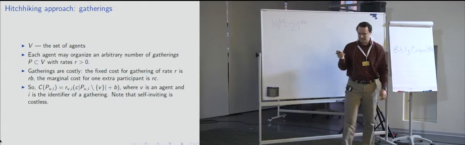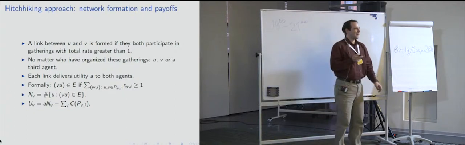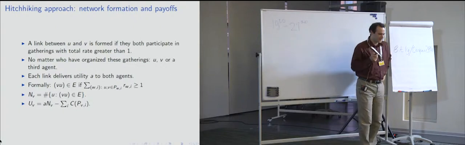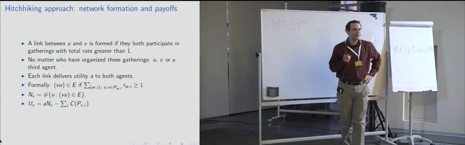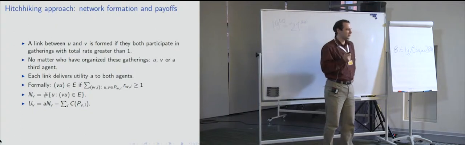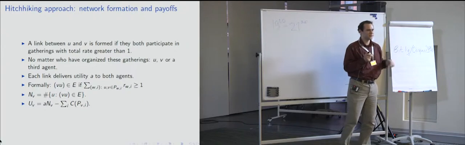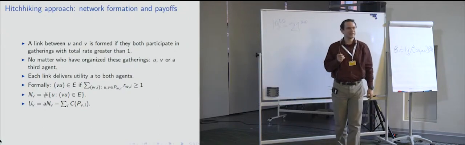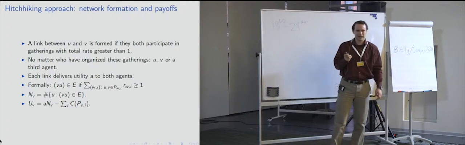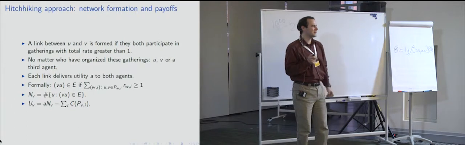Okay, so this is the cost side, and now the benefit side. A connection between two agents is formed if they jointly participate in gatherings with a total rate greater than 1. And it doesn't matter who organized these gatherings.